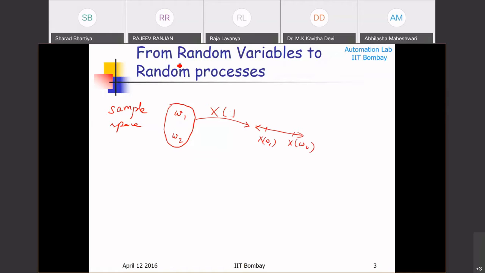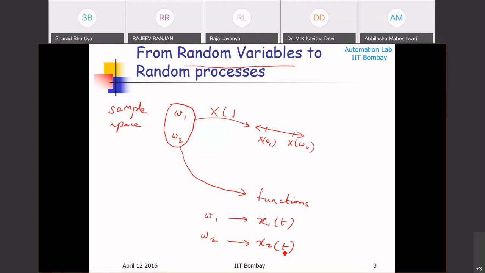Now that was a random variable. What we will do today is a random process. In a random process, we will say that this maps to the function space, a space of functions, and omega 1, for example, maps to x1 of t, and omega 2 maps to x2 of t.